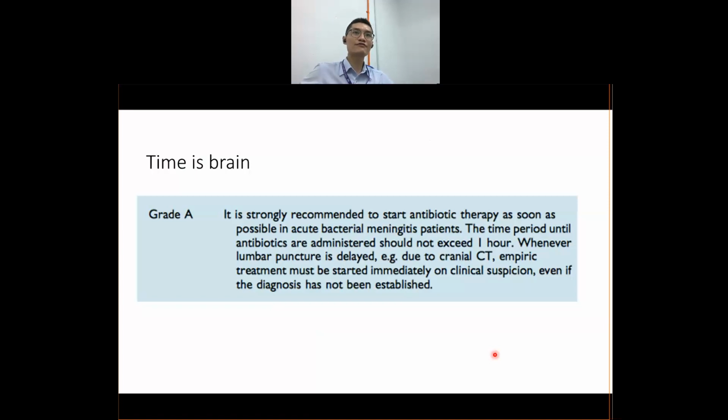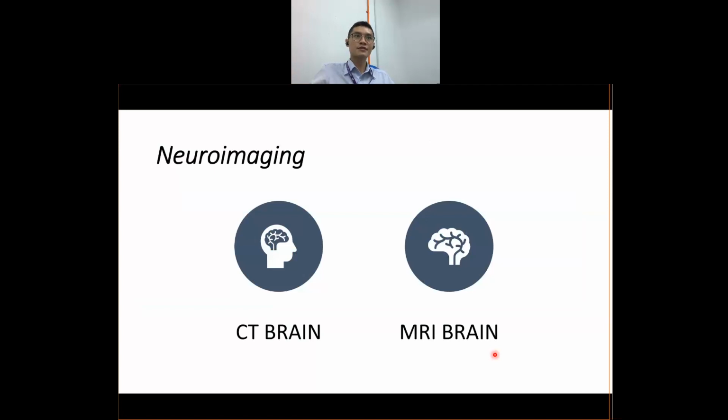So at any point, if you think that it is going to be delayed for you to complete the investigation, for example there's a delay in doing a puncture or doing a CT scan because you need to transfer the patient to a nearby tertiary hospital, give antibiotics immediately, empirically treat it, while waiting for further investigations to be done.